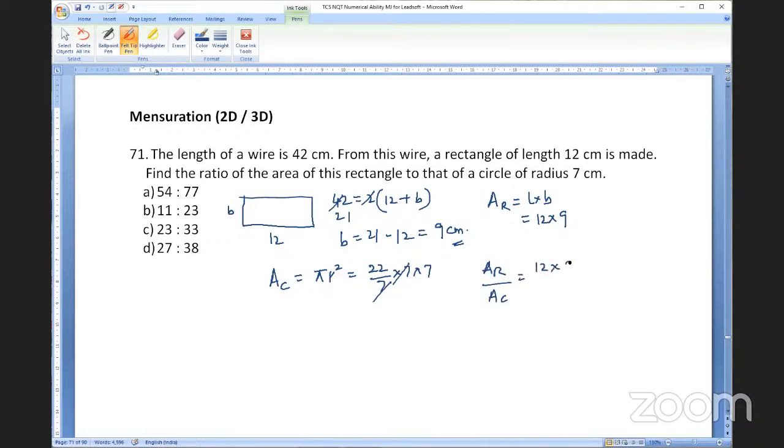AR is 12 into 9. AC is 22 into 7. Cancelling 2 times 6, 2 times 11, this is 54 by 77. Ratio we are looking out for is option A, 54 is to 77. 60 seconds maximum would be the time given to you on this particular question.